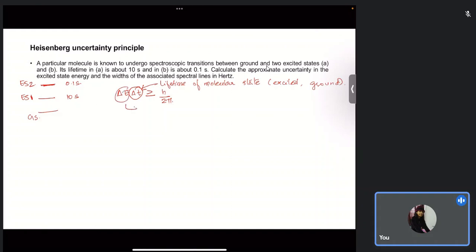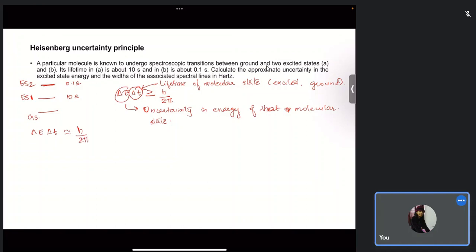Delta E is the uncertainty in the energy of that molecular state. So delta E into delta T is approximately equal to h by 2 pi.